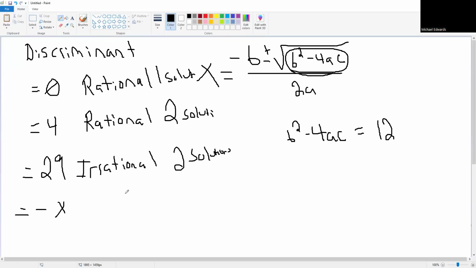But they're going to talk about that later in the book, so we won't talk about it right now. Anyway, this is a 12. It's not 0. It's greater than 0. Is it a perfect square? If you took the square root, you would definitely not get a real integer. So this has to be irrational.